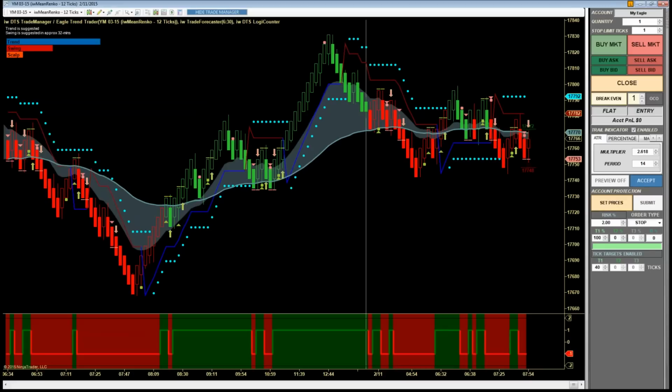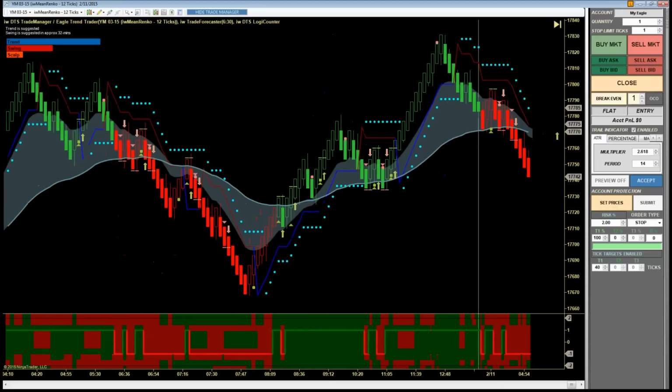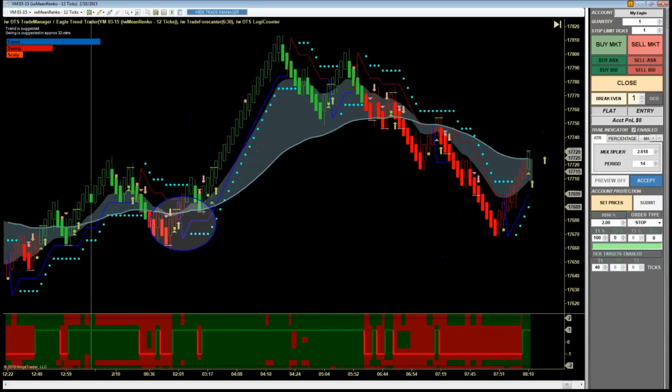You can use it on a time chart or a tick chart or whatever you're trading. And the Trade Forecaster attempts to forecast what the current market environment is and what the next market environment will be. So right now it's saying we're in a trending environment, and we're going to change over to a swing environment in about a half an hour's time.